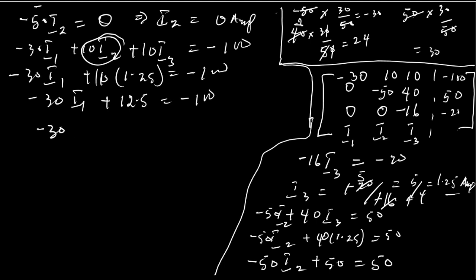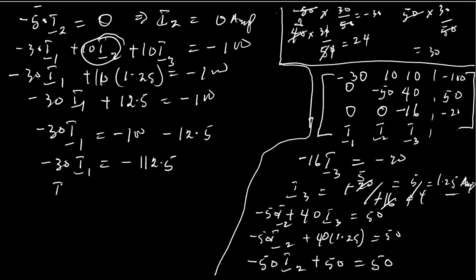So that minus 30 I1 is equal to minus 100 minus 12.5, minus 30 I1 is equal to minus 112.5. I1 obviously is equal to 112.5 over 30. Negative signs should cancel each other.